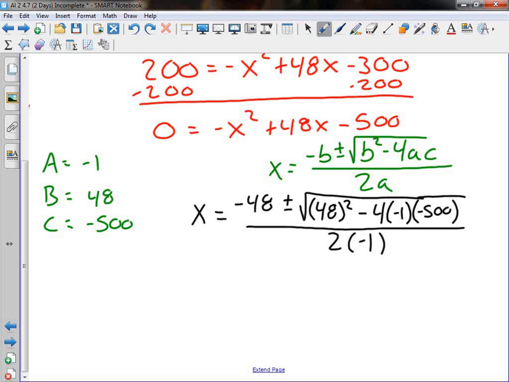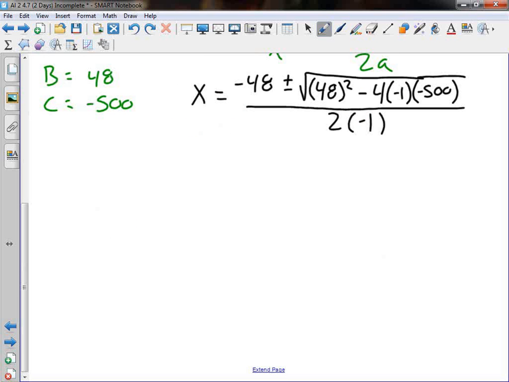Okay, so let's try to do as much simplification as we can. x equals opposite of 48, and we always start simplifying inside the square root. So 48 squared, well, that's going to be a decent sized number, which is 2304 minus.